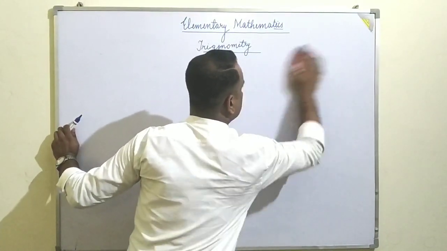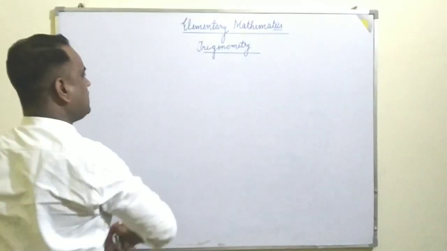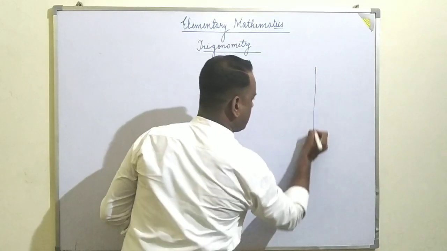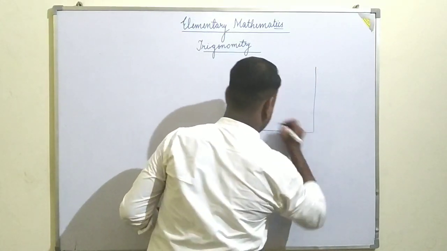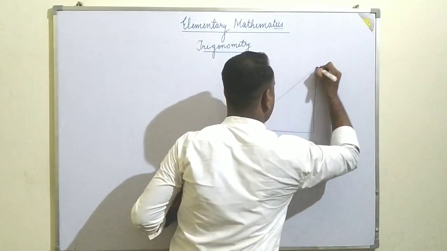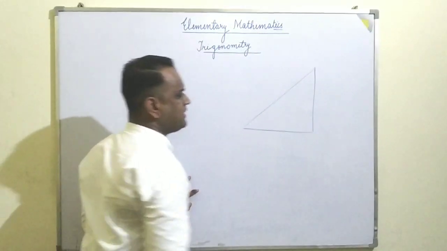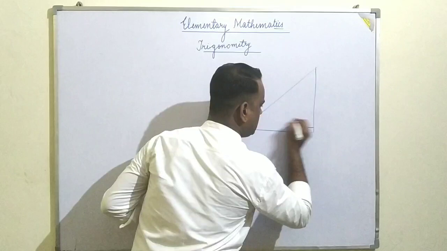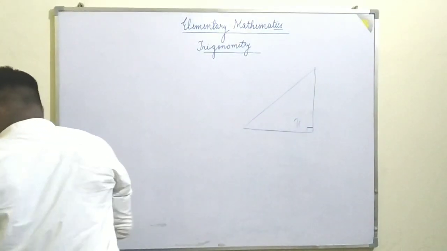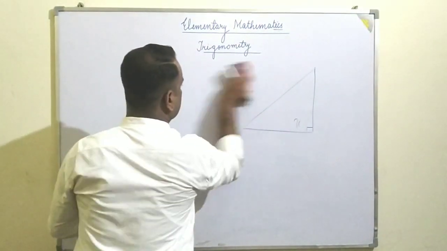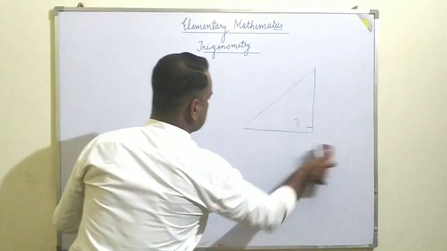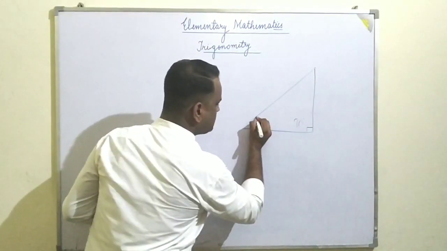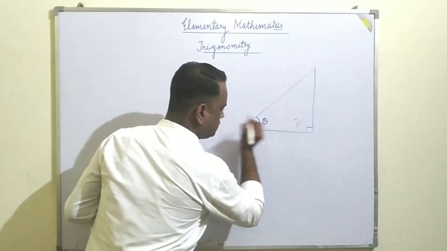What is a triangle? A triangle is a geometry which has three sides. Here I am drawing a right angle triangle, so this angle is 90 degrees and this angle is theta.